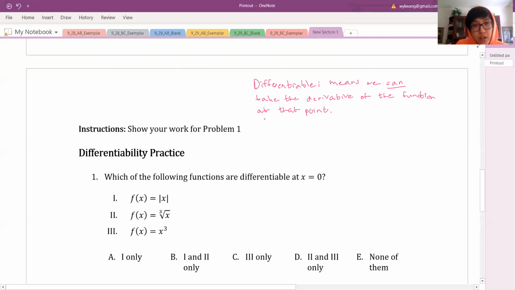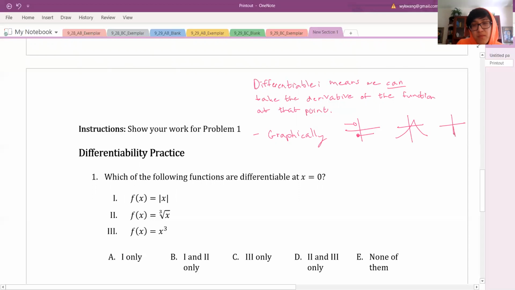Now, to find differentiability, we can do it in two different ways. We can look at it graphically, right? Remember, at discontinuities, there's no differentiability, right? So if the graph is like that, it is not differentiable. You have sharp corners, that's not differentiable.